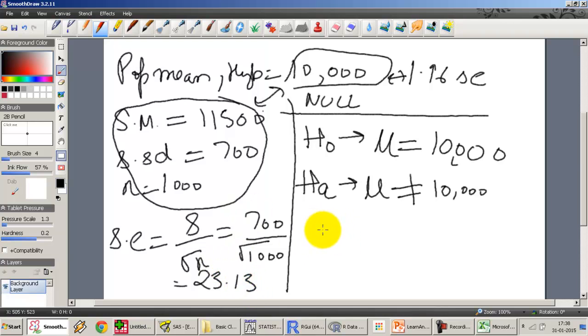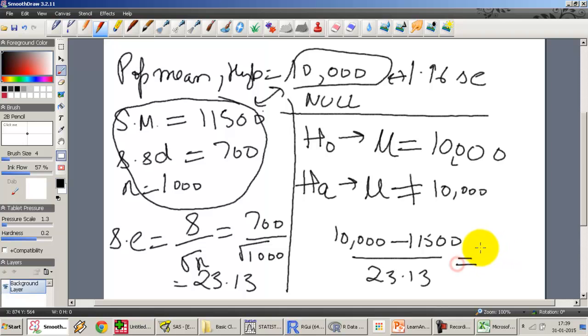So which is essentially saying that if I calculate the number of standard errors which separate the two hypothesized means, I take the hypothesized mean of 10,000, the actual mean coming out to be 11,500, and divide by the standard error, which is 23.13. This gives me about 1500 divided by 23.13.